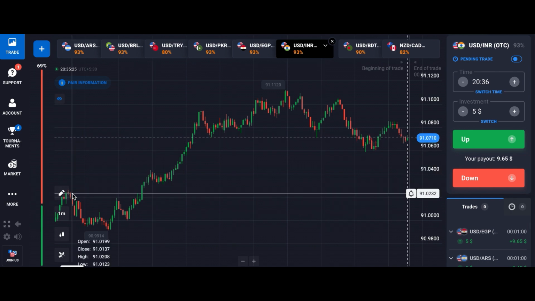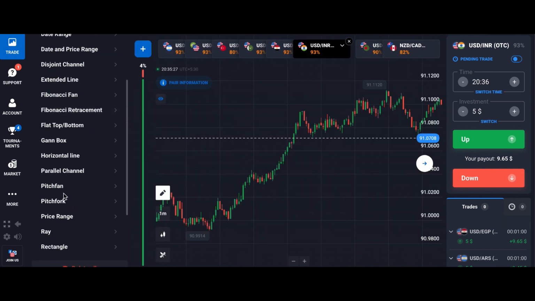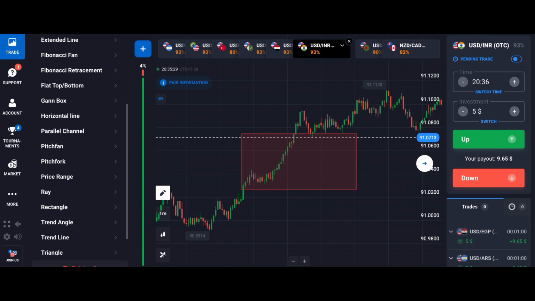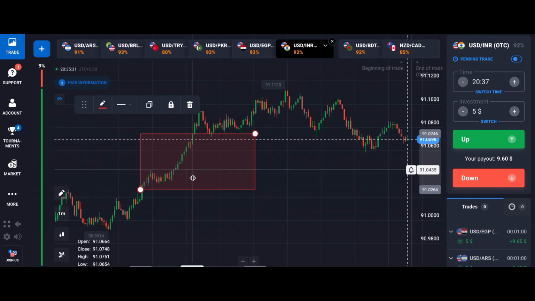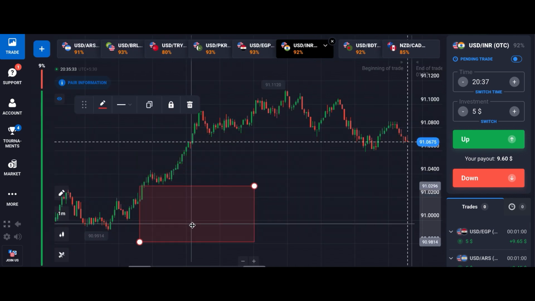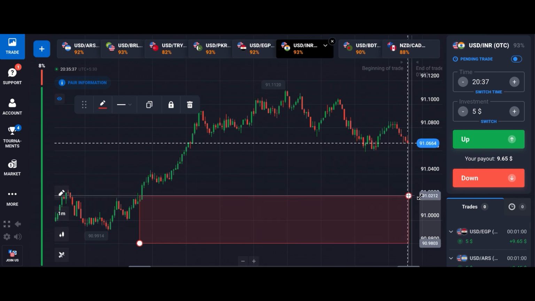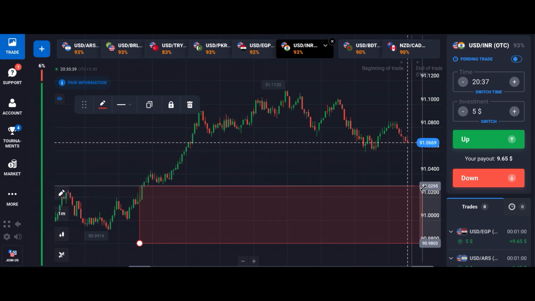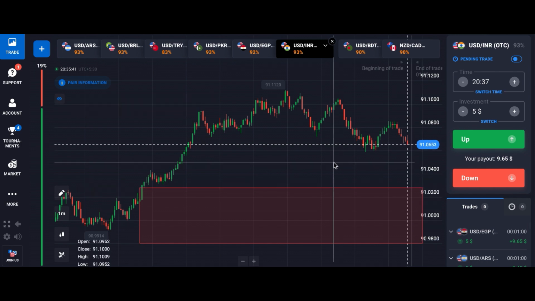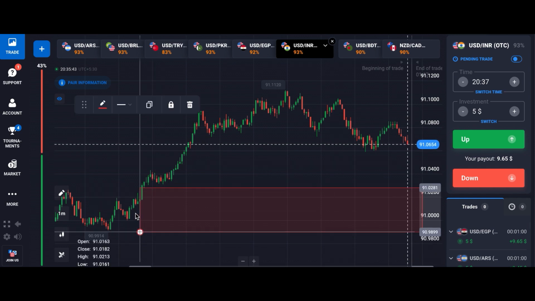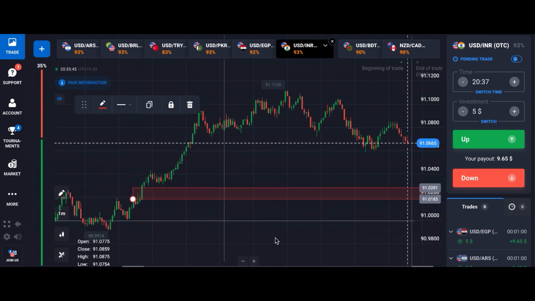So here I can find another market gap. Here it goes. So the market has to come to fulfill this level. Yeah, here.